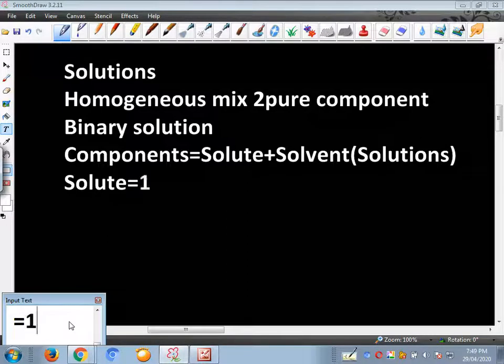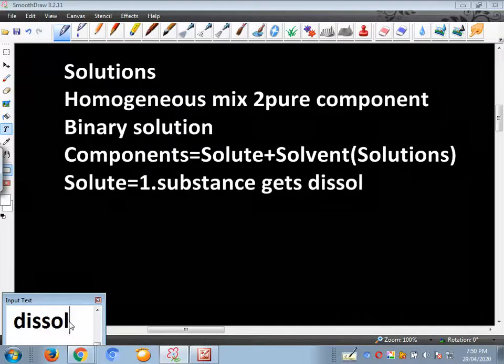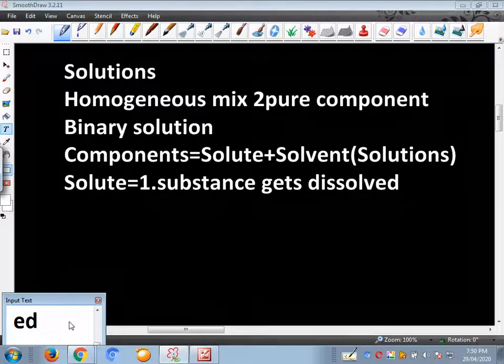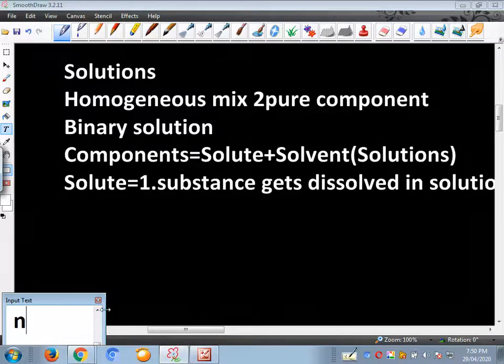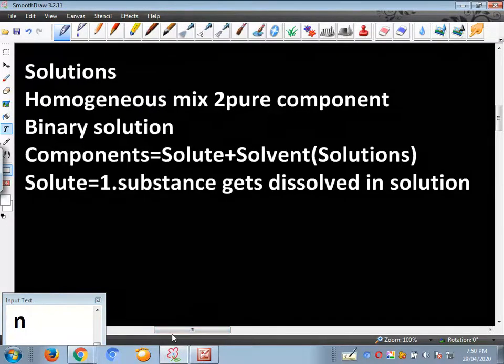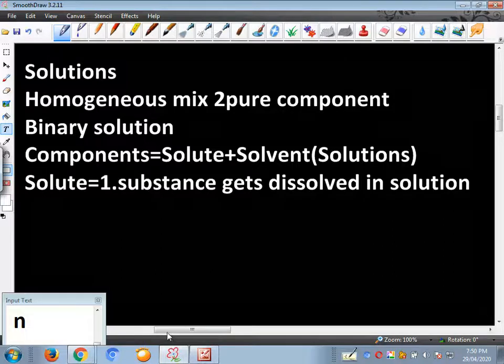The first definition of solute is: the substance which gets dissolved in a solution is said to be the solute. I repeat once again, the first way of defining solute is that it is a substance which gets dissolved in a solution.